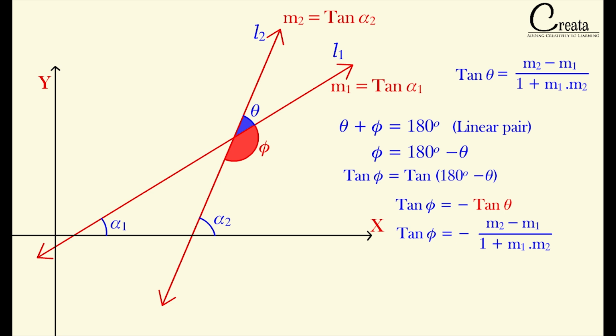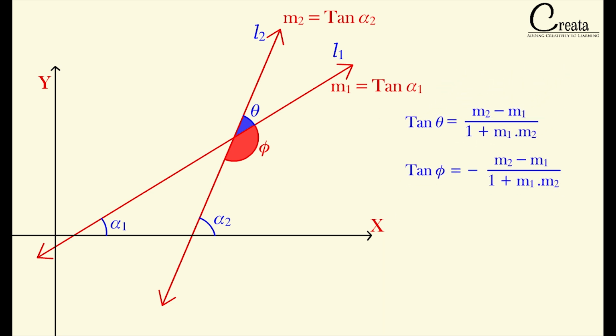So basically we got two formulas, one of angle theta and one of angle phi. That is, these are the two angles between the two intersecting lines. Further, if you observe both of these formulas, m2 minus m1 upon 1 plus m1 into m2 is common in both the formulas. The only difference between both of the formulas is the positive and negative symbol.